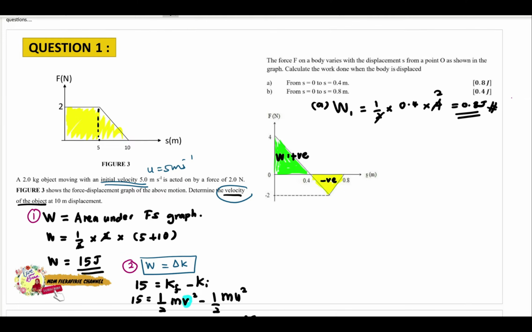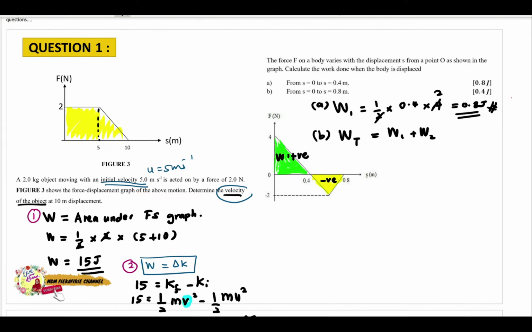Okay, and then B, so we want to calculate from 0 to 0.8, right? So from 0 to 0.8, look at here, we have positive work, and this is negative value of W. Okay, so the work total, okay, is actually W1 plus W2.